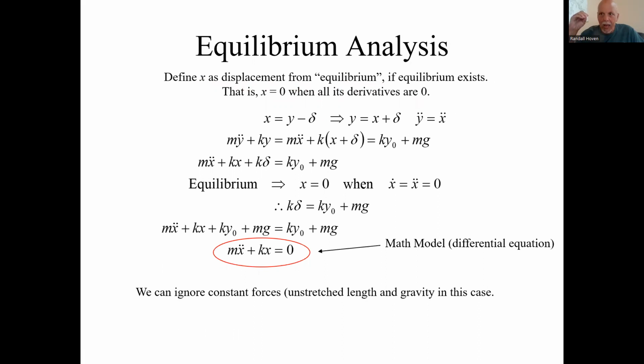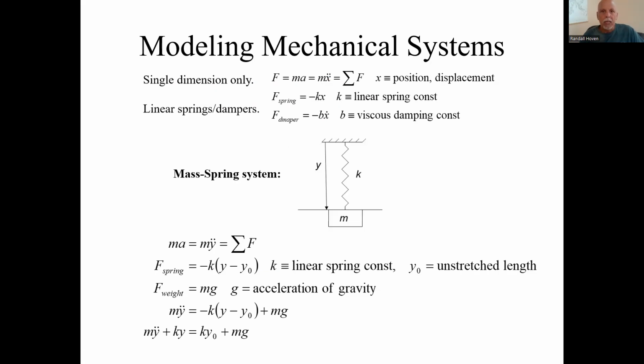That's right where it would hang if you just left it alone in that position. So back here, who said we have to define displacement from the ceiling? We can define it from any place. So we'll define it from where this mass would just be motionless and stay there.